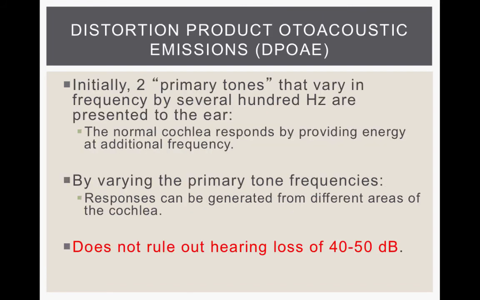To get a distortion product OAE, similar to the TEOAE, a sound, two primary tones this time, are sent through the cochlea. The outer hair cells move up and down. That movement of the outer hair cells, the response, is recorded by the very sensitive microphone. And DPOAEs, like TEOAEs, are absent after a threshold of 40 dB.